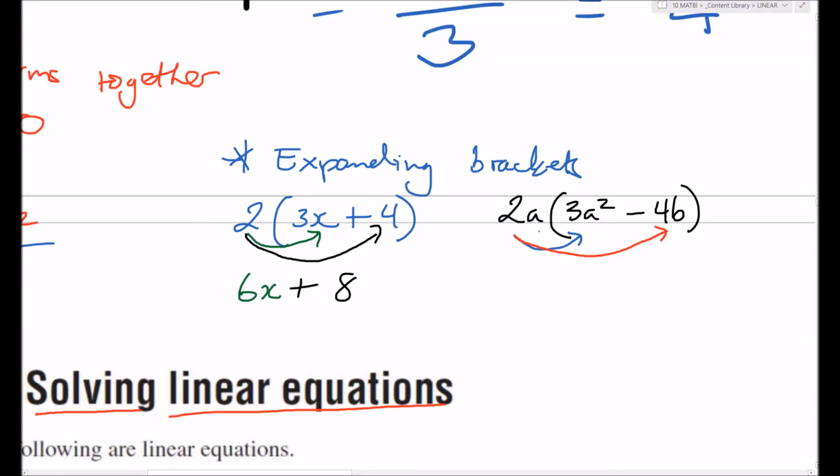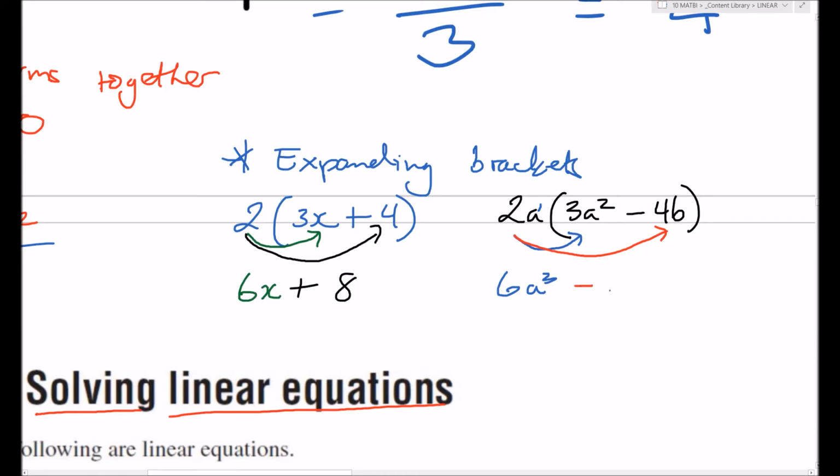So in this case, 2a times 3a squared, the coefficients must be multiplied. So 2 by 3 gives you 6. And for any variable, only the indices are added. So a with a power of 1 times a squared will give you a to the power of 3. And the next one, 2a times 4b, but that's a negative 4b, so it's going to be minus.